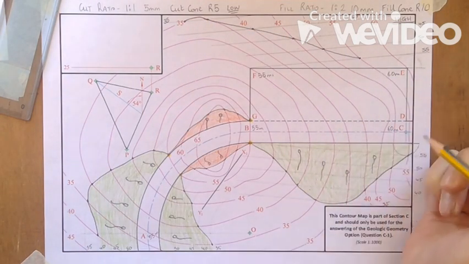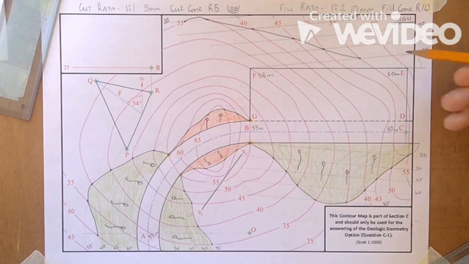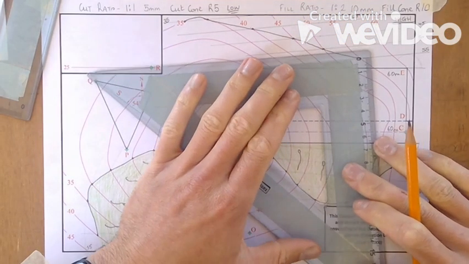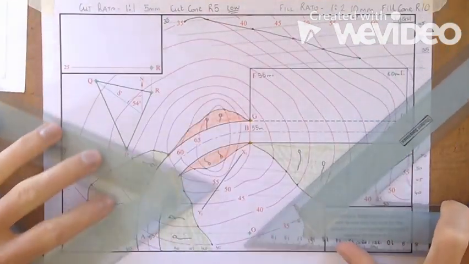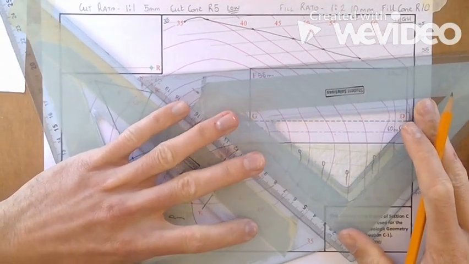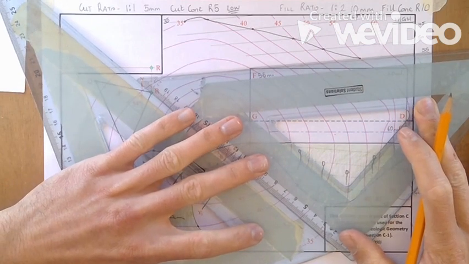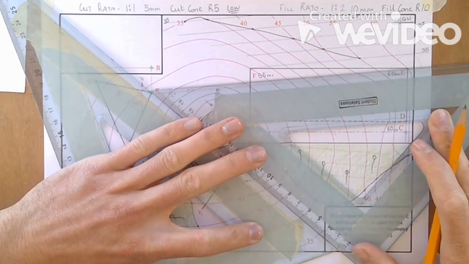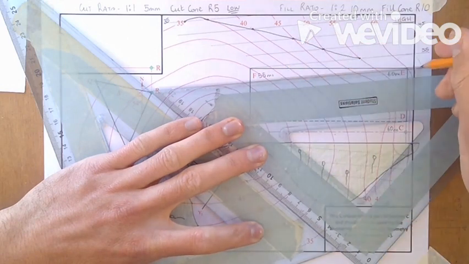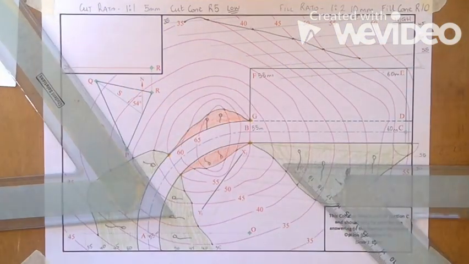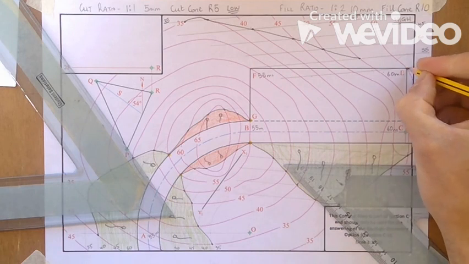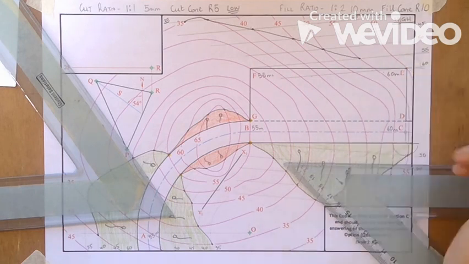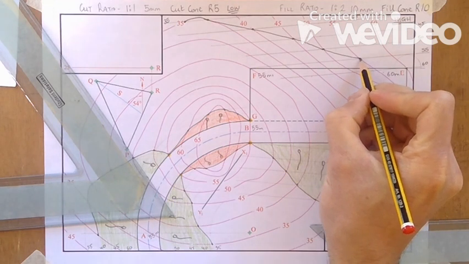Now you can see that we still haven't touched the roadway, so what we need to do now is underneath this line we need to put in a 60-meter contour. You can see then that that meets right at the roadway at point E.